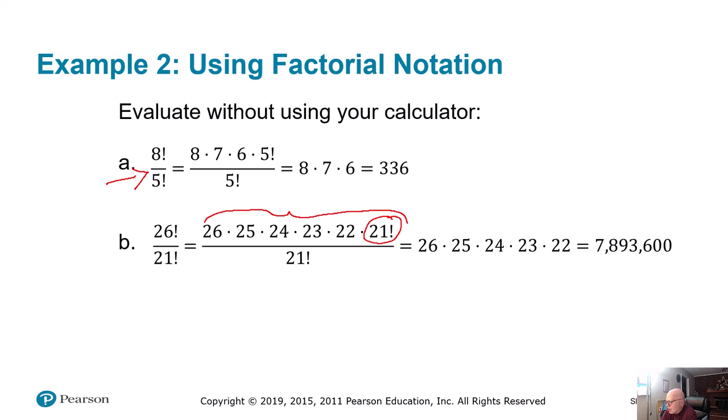The reason we stop there is because you look down here and see the 21 factorial, and looking ahead, you know that this will cancel with that. They'll both become 1s, and what do we have? A much smaller number.